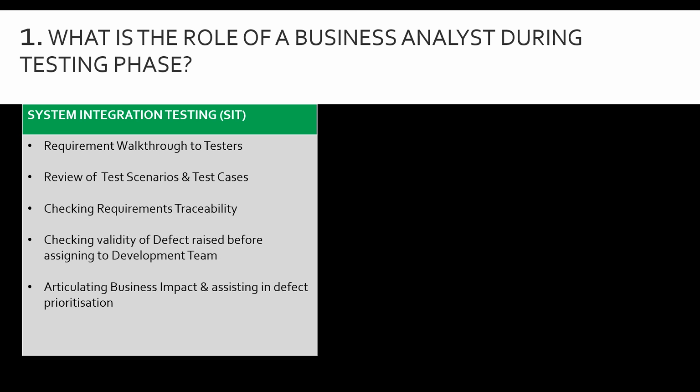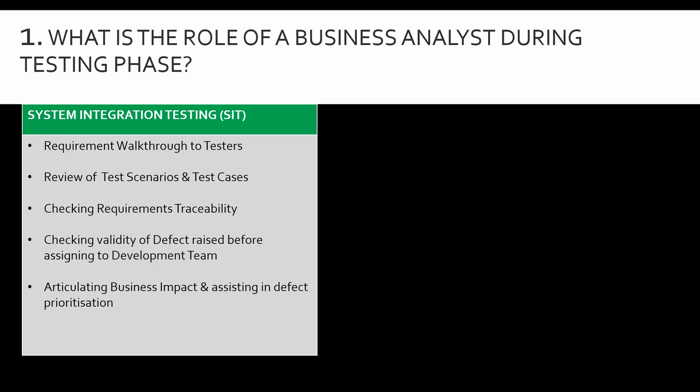We're going to talk more about this in the subsequent slide when we talk about the requirements traceability matrix, but this step is done to ensure that all the requirements have a corresponding test scenario or test case. The other key role is when test execution happens.